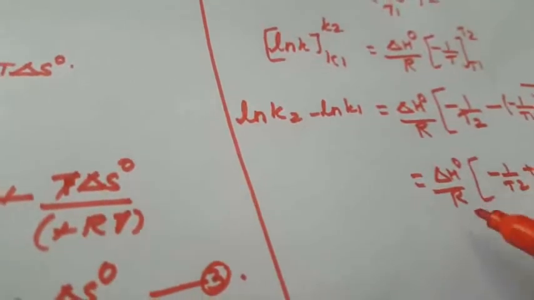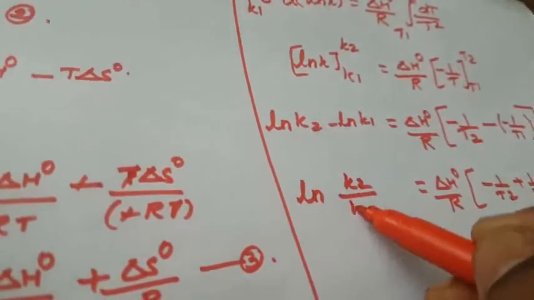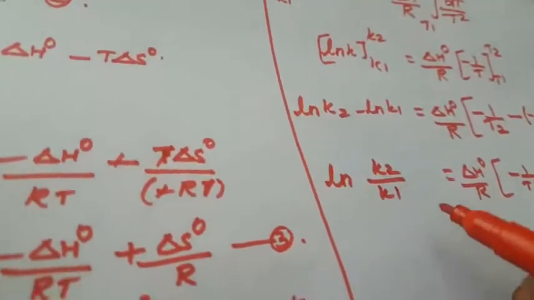Taking the common denominator, we can write ln K2 by K1.